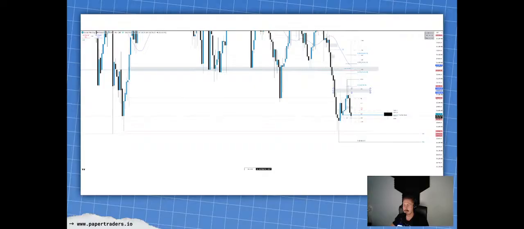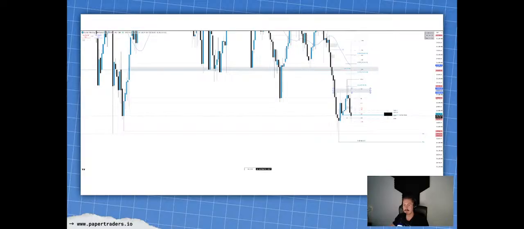Here we see that price did not give us an opportunity for an outside 4 hour. However, we did end up rejecting the 4 hour FVG above, and I got a solid reversal to the downside from it.